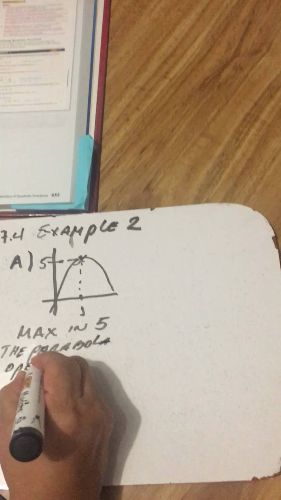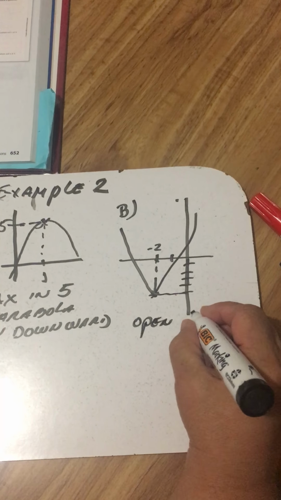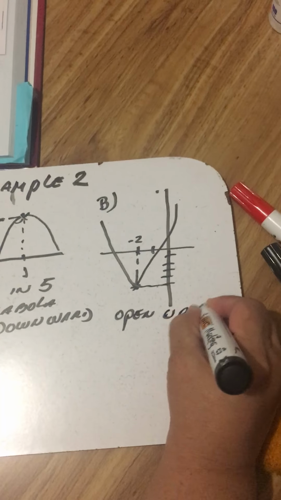Now, the parabola opens upwards, and minus 5 is the minimum value. If you check, okay.